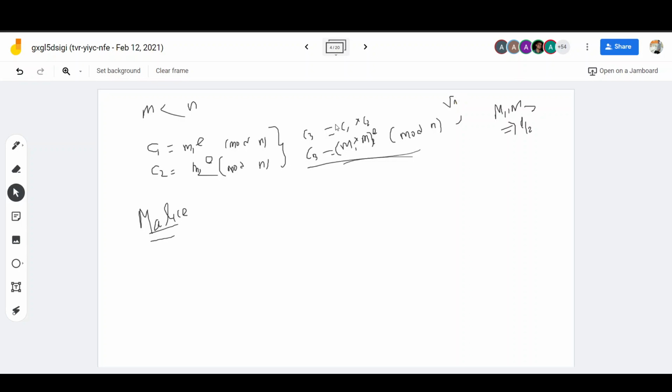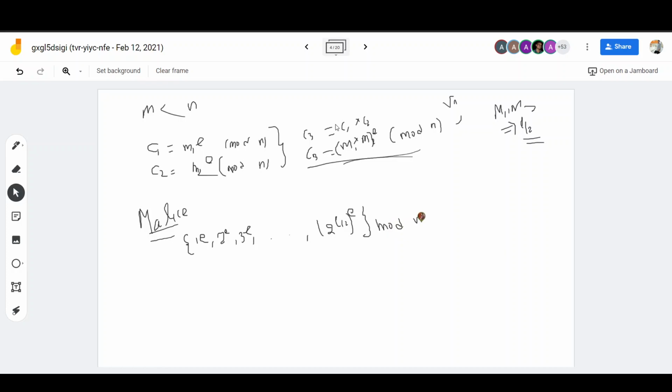If I store a database with this length of bits, Malice is going to store it like this: 1 to the power e, 2 to the power e, 3 to the power e, and so on, up to 2 to the power L by 2 whole to the power e of mod n.